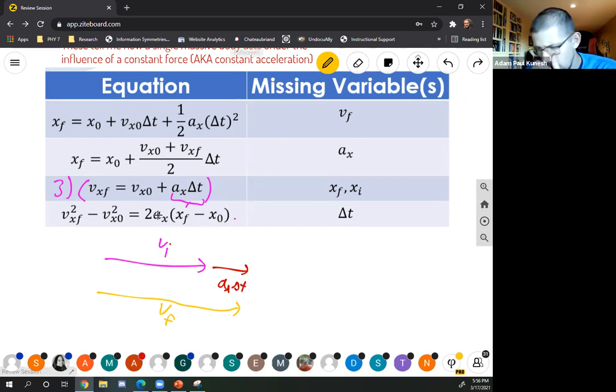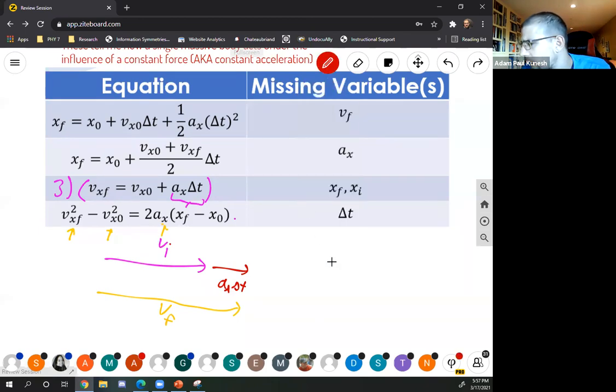Now the subscripts are important to think about for all of these equations. If I have a vx, that's telling me I'm using the component of velocity that points in the direction of the coordinate, so I've chosen to use the component of acceleration that points in that direction. Acceleration overall doesn't have to point in that direction.